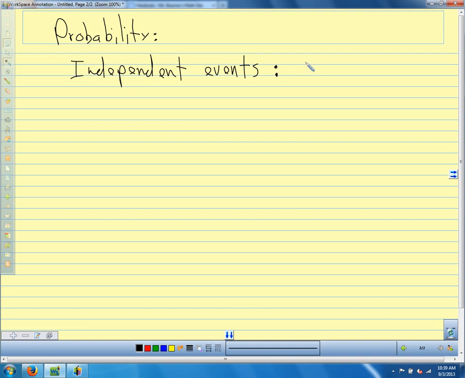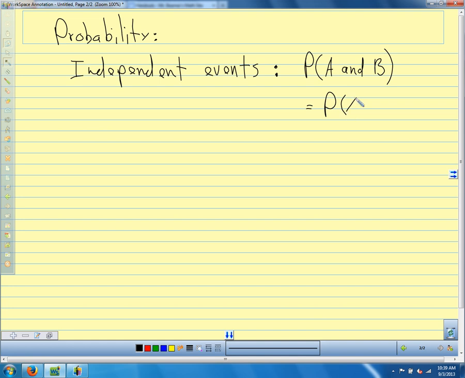So we write it as the probability of A and B, rolling a 6 on a die and picking a king from a deck of cards. When we're finding AND probabilities, independent events, we multiply the two parts together.